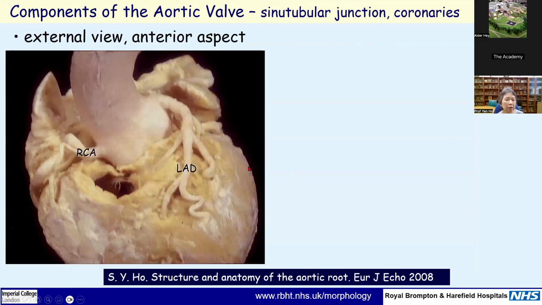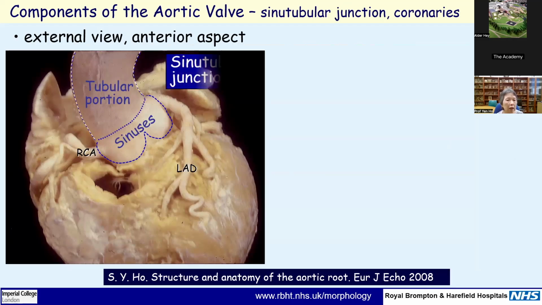So now a still image, a similar situation, looking from the front of the heart. I've taken away the pulmonary outflow tract, taken away the pulmonary trunk, exposing for you the arrangement of the aortic root with the bulging aortic sinuses. We see the coronary arteries coming up, and then we have the tubular portion of the aorta.